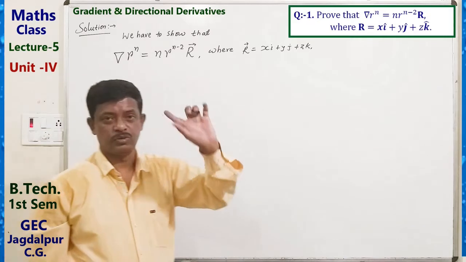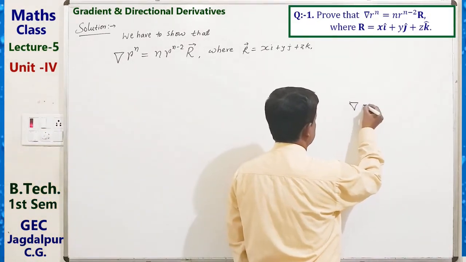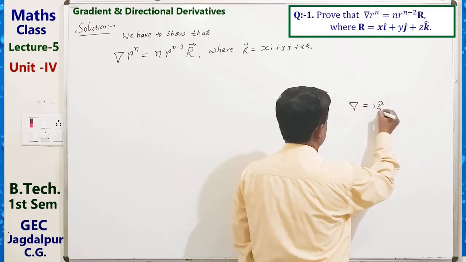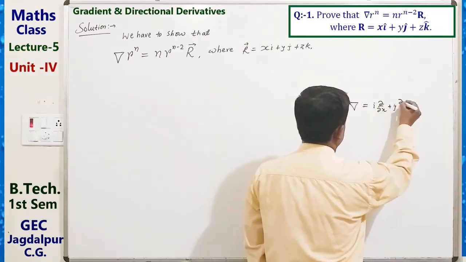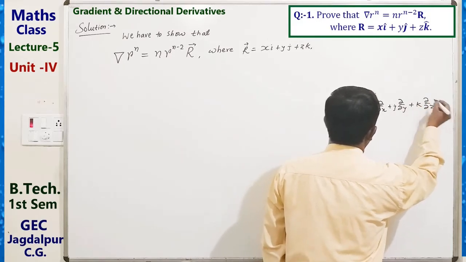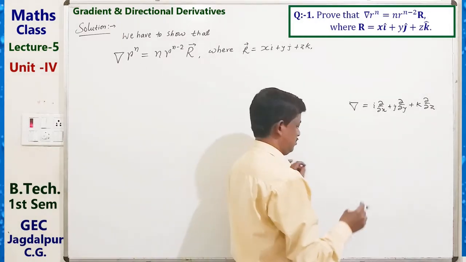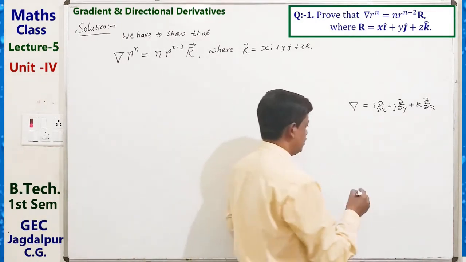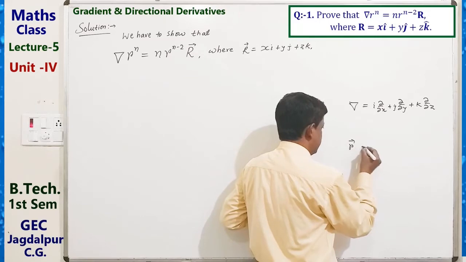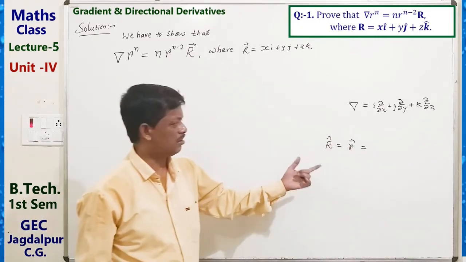Del means the del operator. What is the del operator? Del equals i del by del x plus j del by del y plus k del by del z. This is an operator. Always remember, this vector is generally denoted by capital R or small r.